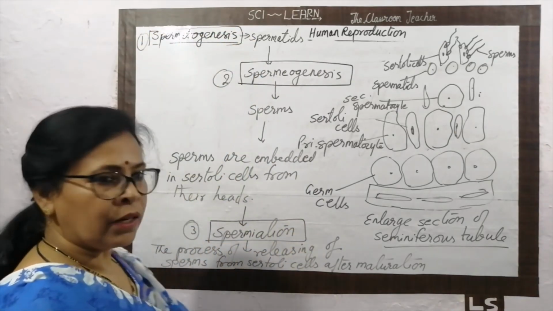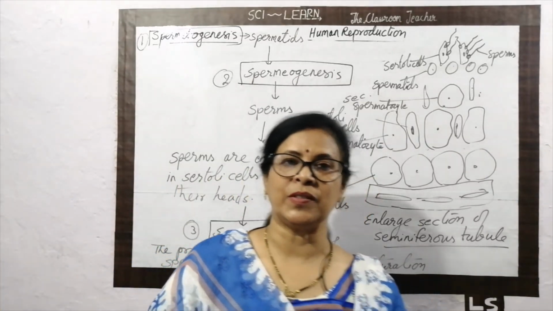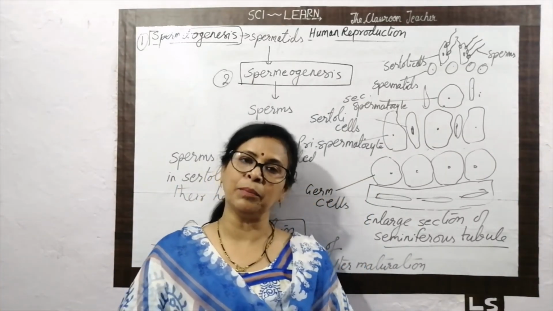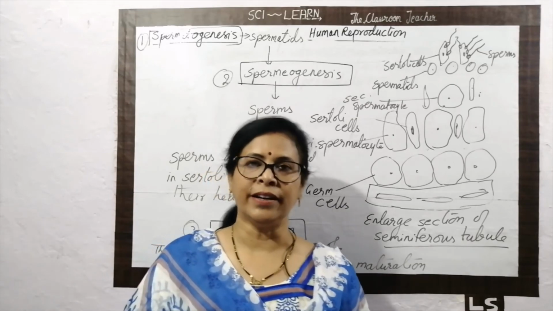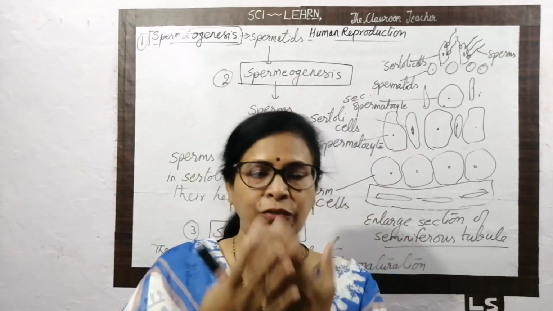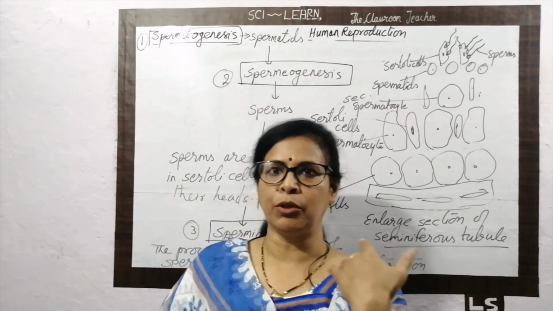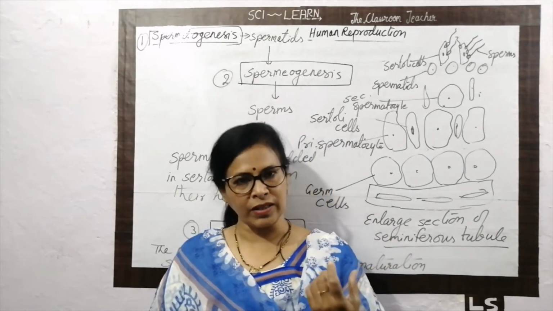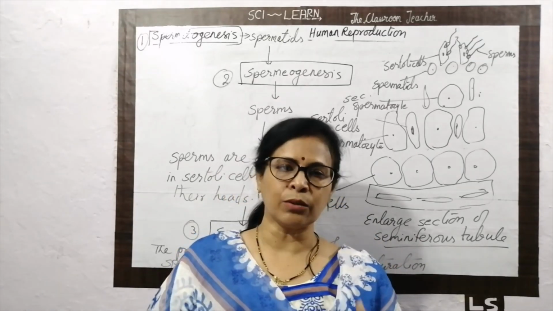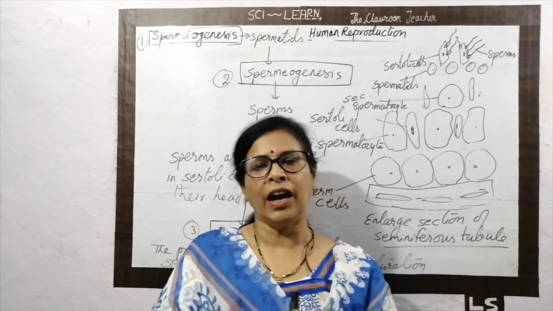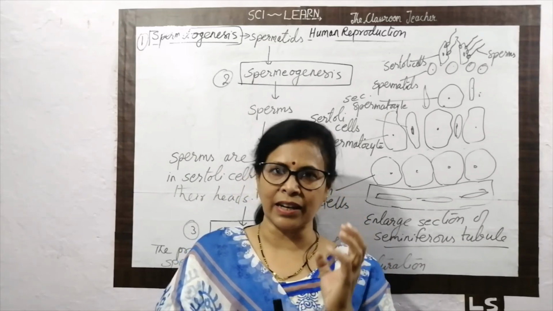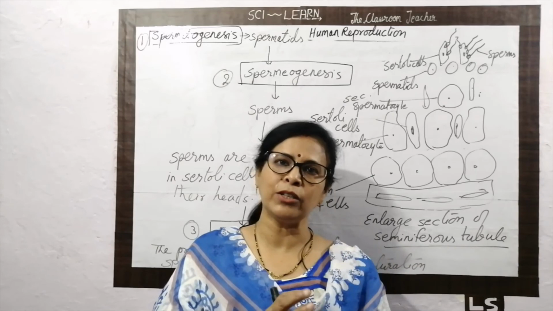In the germ cell, which is present in the germinal epithelium of the seminiferous tubule, in the multiplication phase, due to mitosis division, the number of cells increases. Then one cell goes to the growth phase. Growth phase means the enlargement of the cell, and it then goes to the maturation phase.